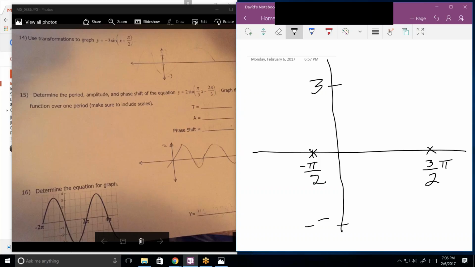Now, the secret to graphing these is quartering it up between its starting point and its ending point. So what's the midpoint right there got to be? It's got to be pi, right? Yeah, the way you find these, yeah, it is pi. But I'm going to write it this way, 2 pi over 2.